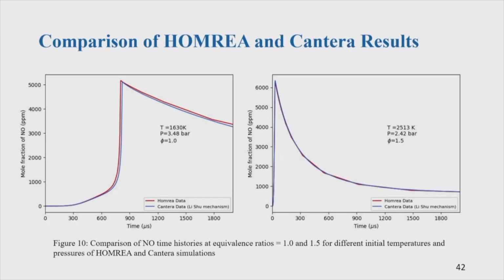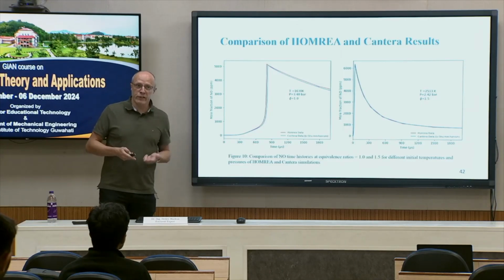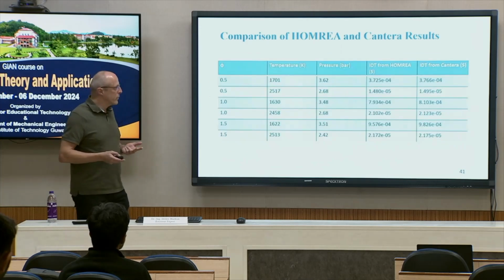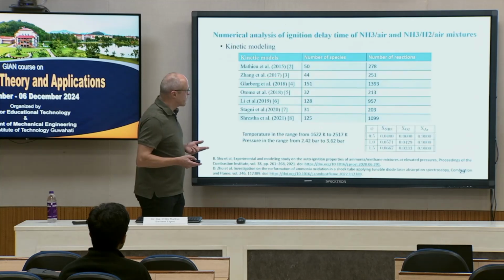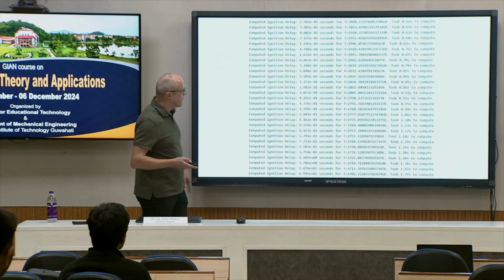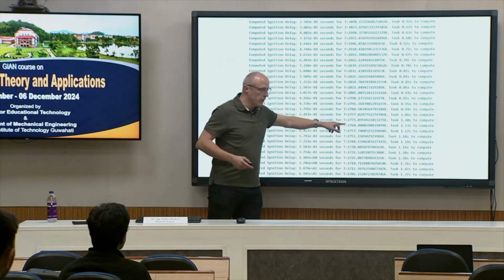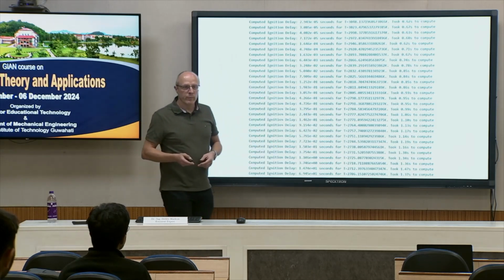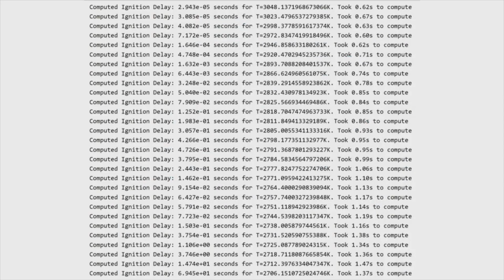So the flame temperature depends on the initial conditions, pressure, temperature, and mixture composition. So I want to go to this list here. So we have not so much plots here. For each initial condition we have, we get the flame temperature here, for example. And I have shown you this plot temperature as a function of time. For example, there you can get this information.